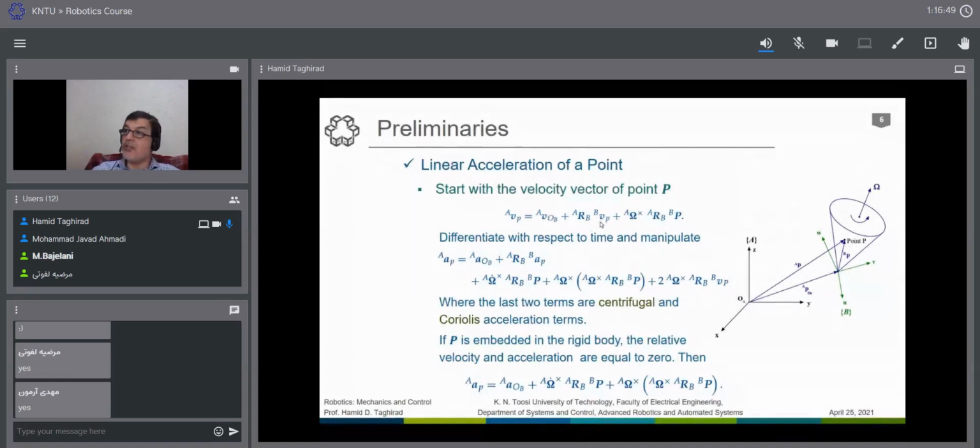We have these three terms for the general velocity of a point P.